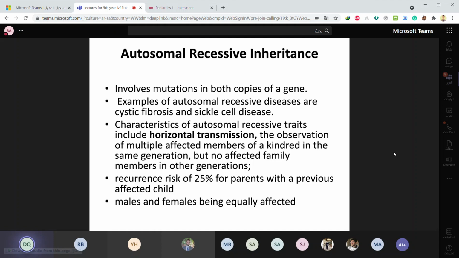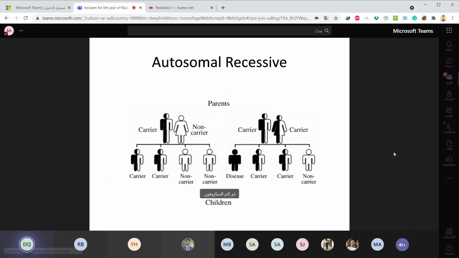Recurrence risk is 25% for parents with a previous affected child. Males and females are equally affected. In autosomal recessive, if the father is a carrier and the mother is a healthy non-carrier, 2 of their offspring will be carriers and 2 are healthy.